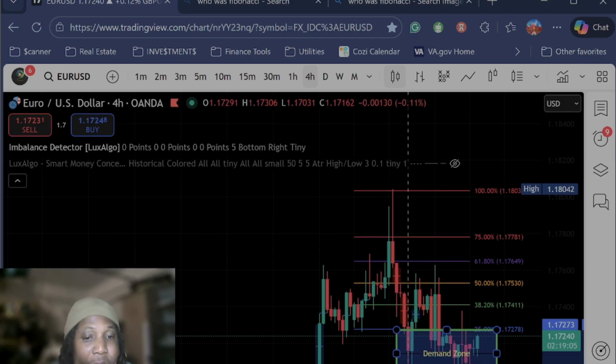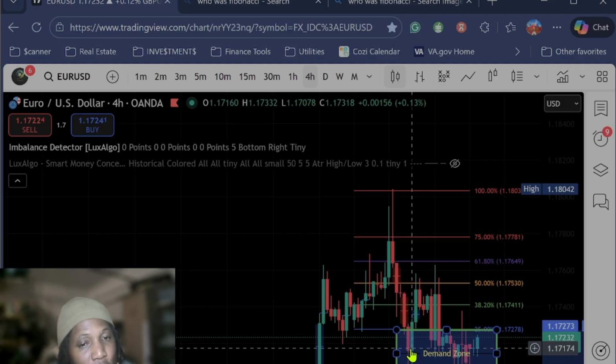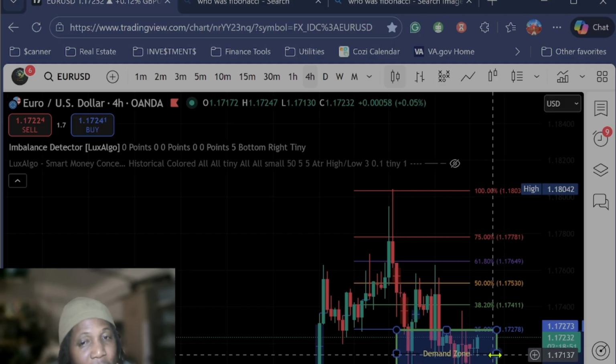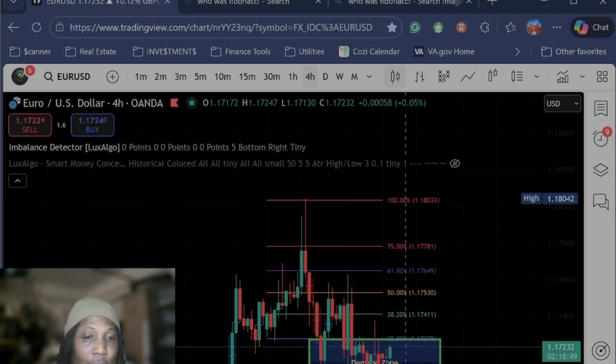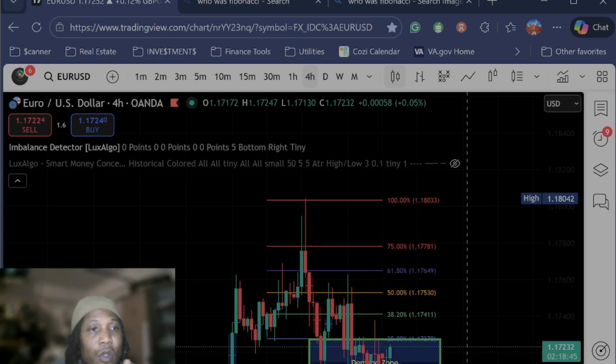Because this is December 16th. This happened on December 16th. So if we know this is demand zone, all last week we could have been looking for buys, right? Buy opportunities. And right now, price is currently sitting in a demand zone. So we should be looking for what? Buys.